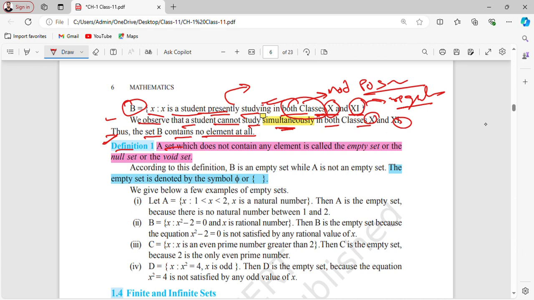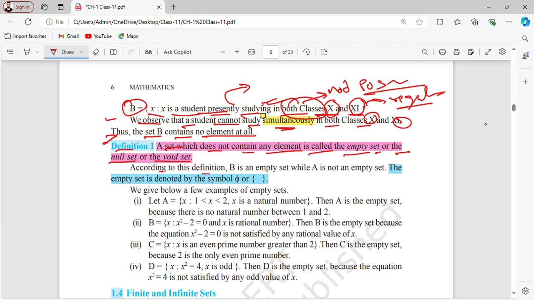A set which does not contain any element is called the empty set, or the null set or void set. We can also pronounce it by the other names, void set or null set. So the set which doesn't contain any element is called an empty set.